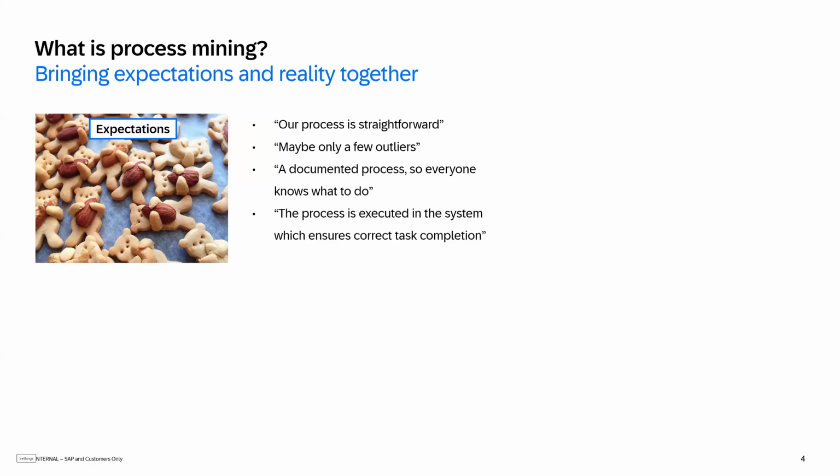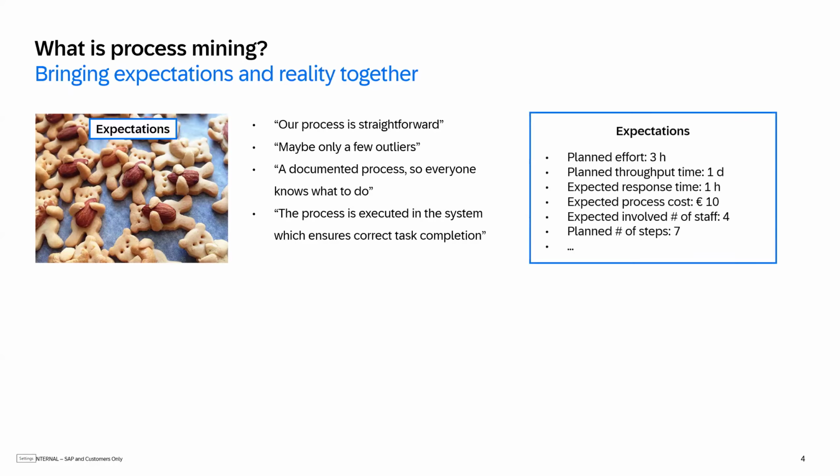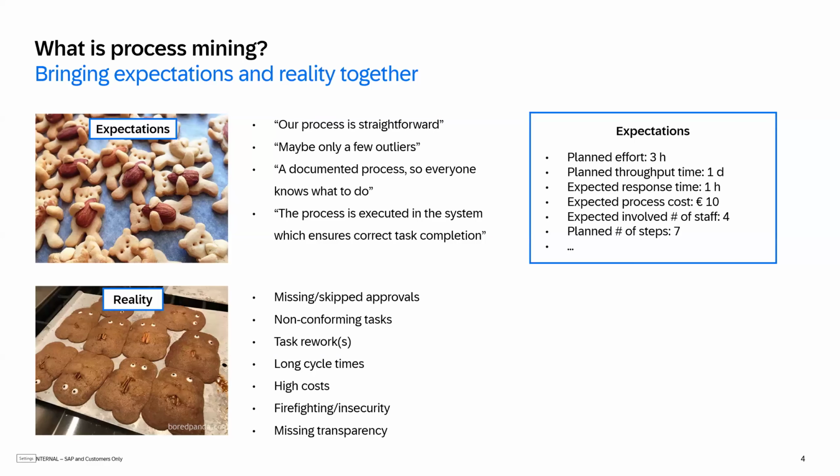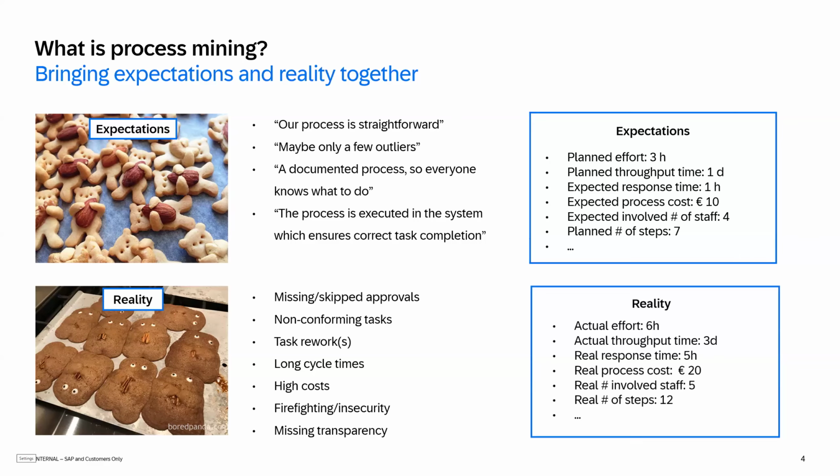And so you have an expectation of your process, but the reality is often different. And so you end up having skipped approvals, non-compliant tasks. You have reworking, long lead times, uncertainty, and lack of transparency. And that equals a lot of extra effort, a lot of extra time, a lot of extra money being spent.